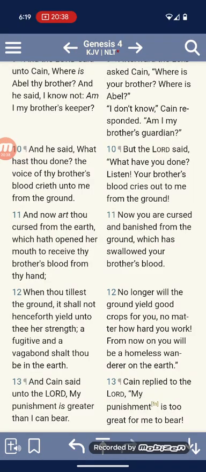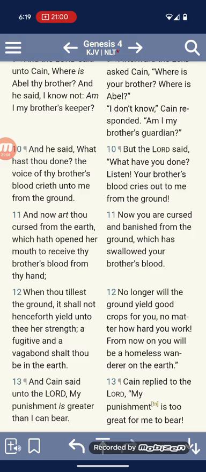And he said, what hast thou done? The voice of thy brother's blood crieth unto me from the ground. So the blood from him slaying his brother Abel was crying out from that very ground in which Cain was a tiller.